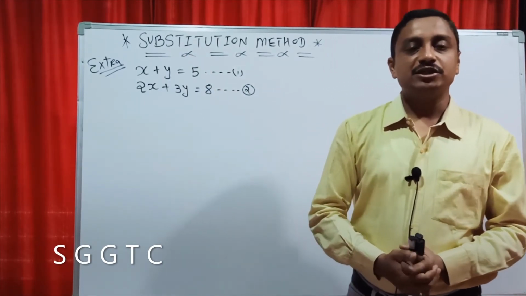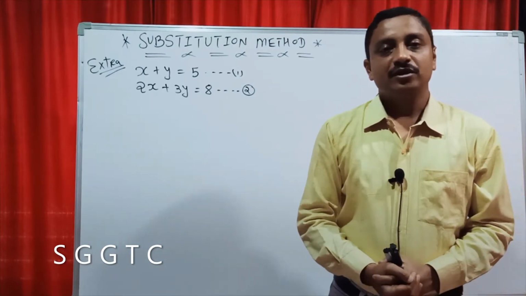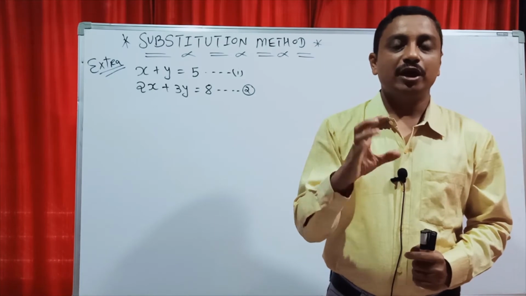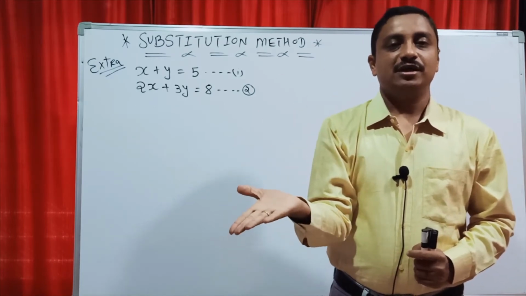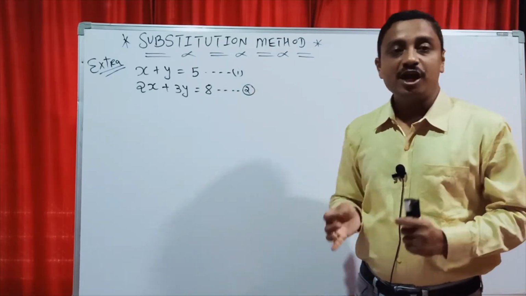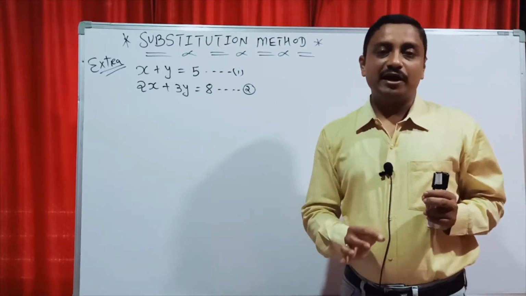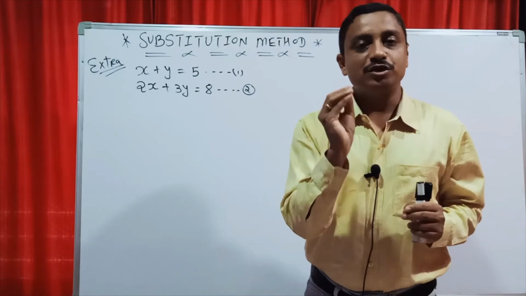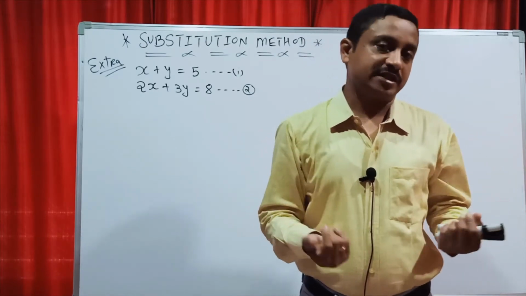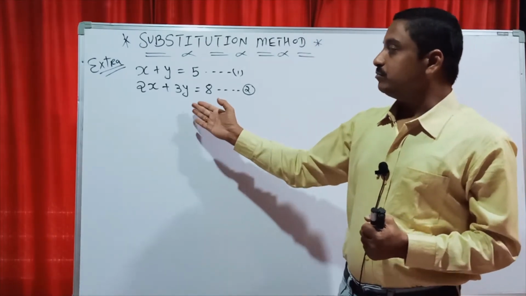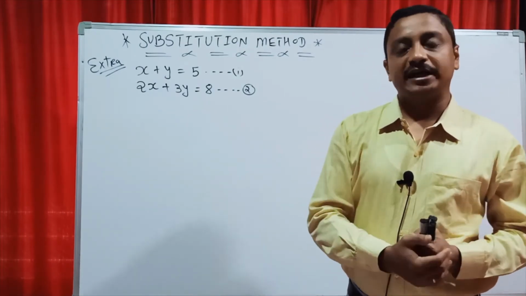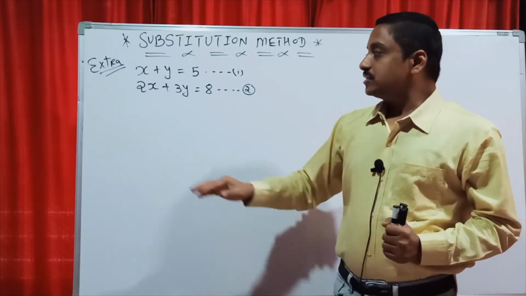Yes students, in this substitution method, we substitute one value in another equation and you obtain the same answer. If you calculate by elimination method, our result is the same, and substitution method also gives the same result. So I give you one simple example here first, and after that students I start our textbook exercise. See the example.